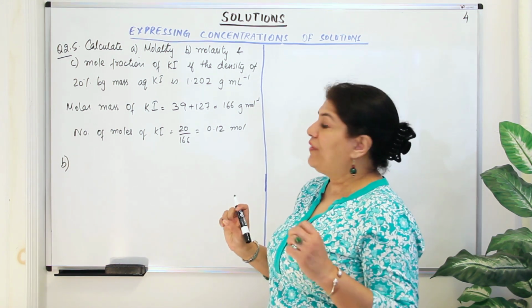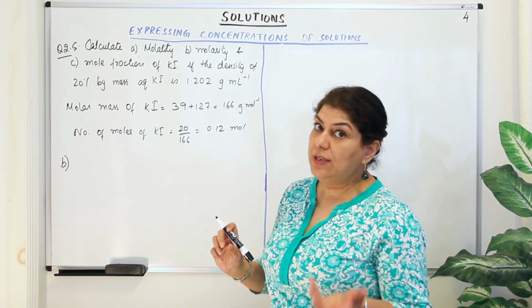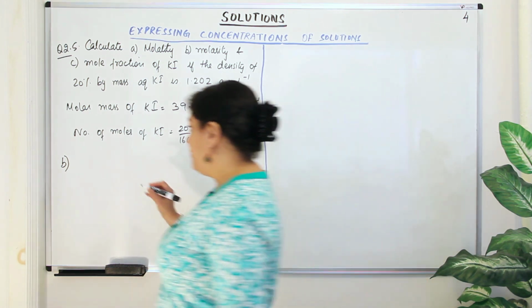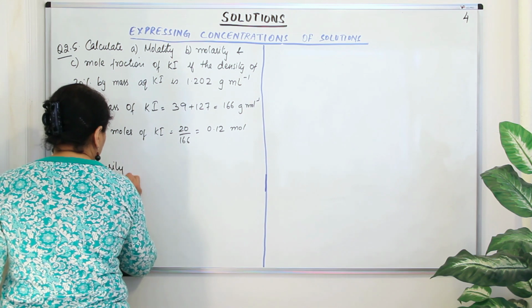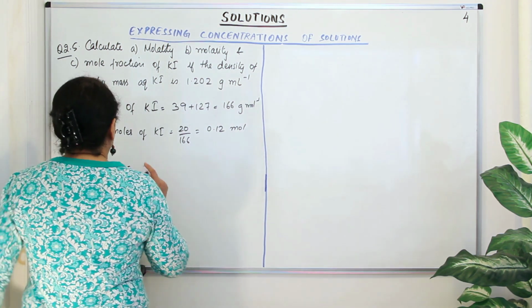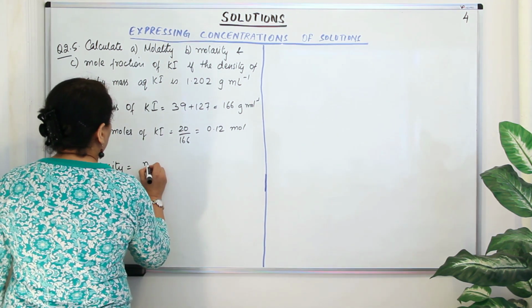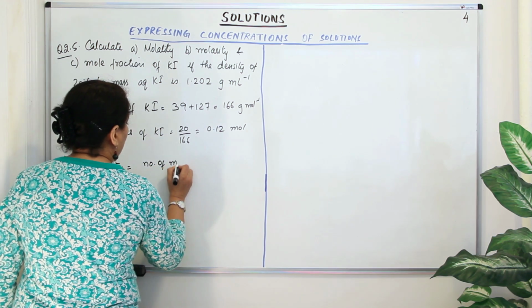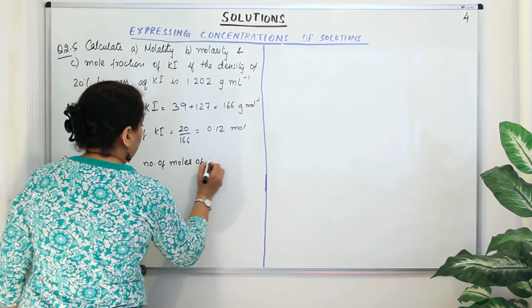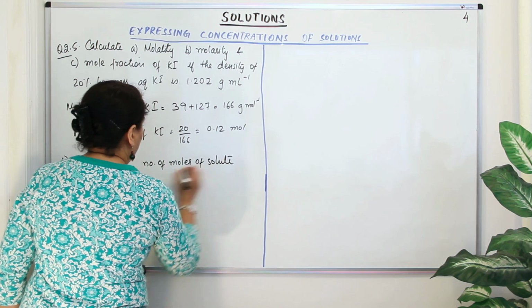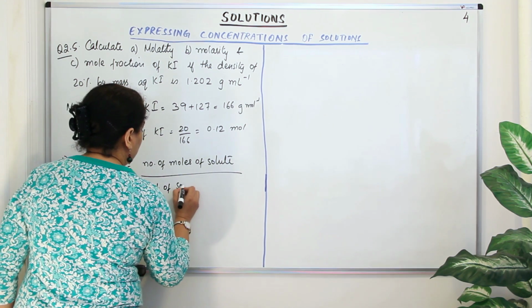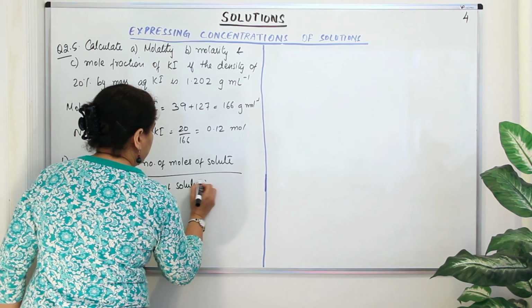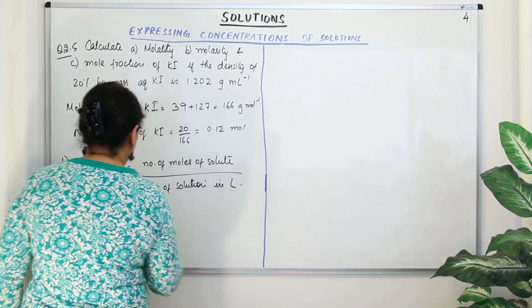Now, in order to find out the molarity, you again need to know the definition. What is molarity defined as? Molarity is equal to the number of moles of solute upon volume of solution in liters, right?